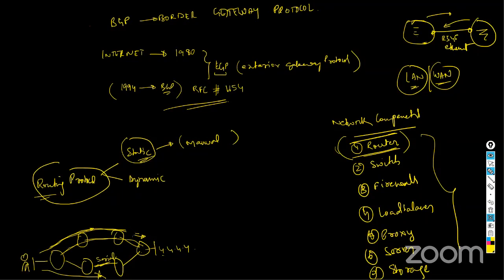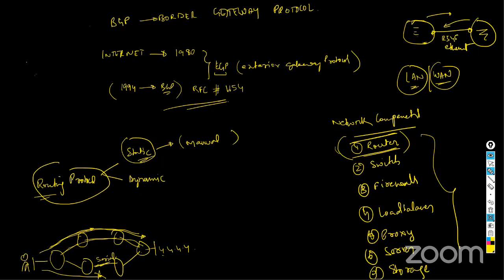Configuring static routes is good if you have 1, 2, or 5, or 10, or 20. But in an enterprise, a campus network or a data center, the number of routes inside the routing table will be in the hundreds, and you need some protocol which can have very critical timers.